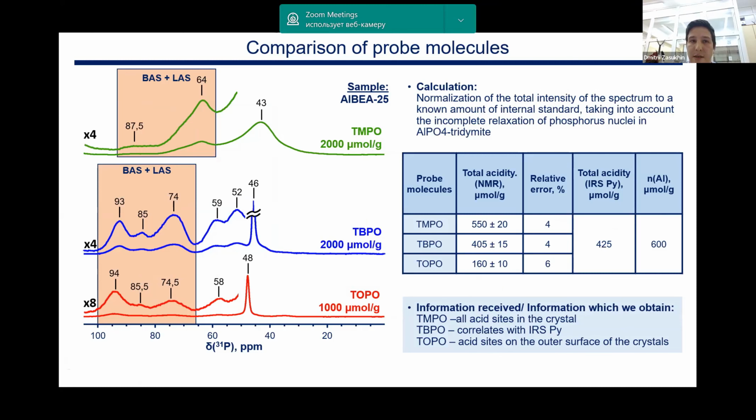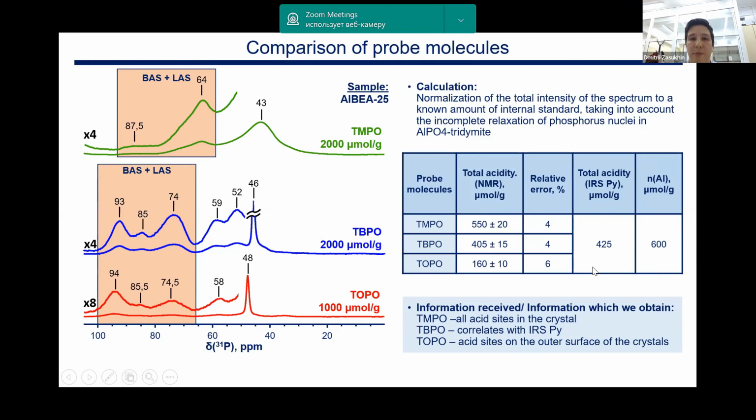They can more easily enter the pores of beta zeolite and can interact with all its acid sites. The number of acid sites measured by TMPO corresponds to the content of aluminum in the sample. The number of acid sites measured by TBPO coincides with the data obtained by IR spectroscopy of adsorbed pyridine.